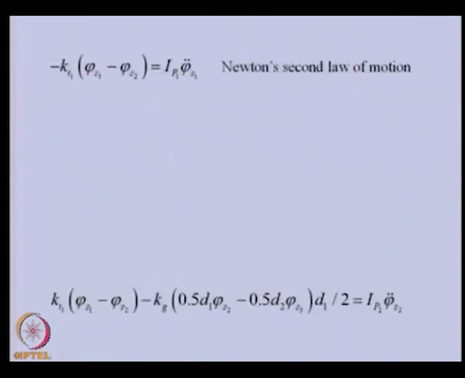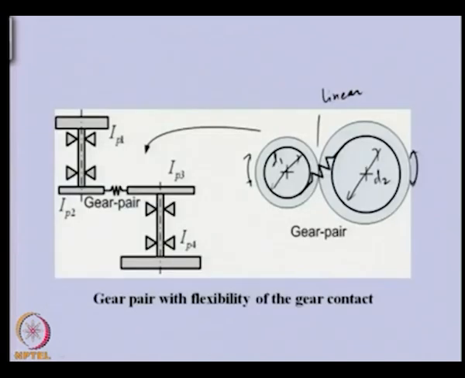So, I am first considering the first flywheel which is here, and I am trying to attach phi z1 as the angular displacement of this, phi z2 as the angular displacement of this, phi z3 as the angular displacement of this, and phi z4 as the angular displacement of this.